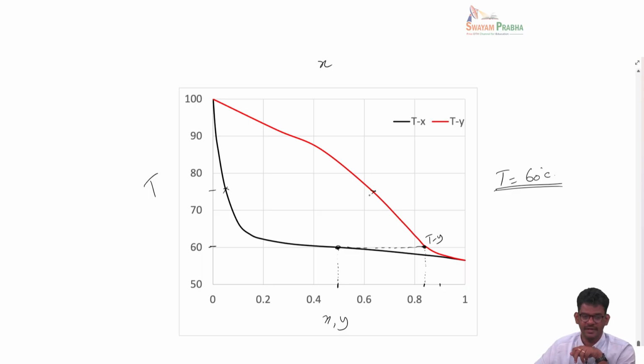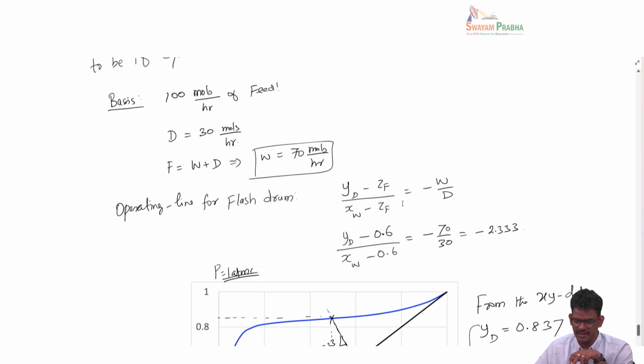If I know the corresponding X and Y values, I can go back here and substitute X and Y, and then I can get the ratio of the moles of residue to the distillate. So the same problem can be inverted and asked: given the ratios of the vapor and liquid, what would be the composition and temperature, or given the temperature and hence the composition, what would be the relative amounts of the vapor and liquid. Any doubts here? Okay, so let us do one more problem.